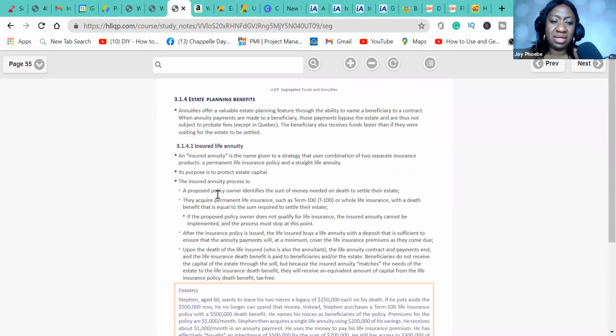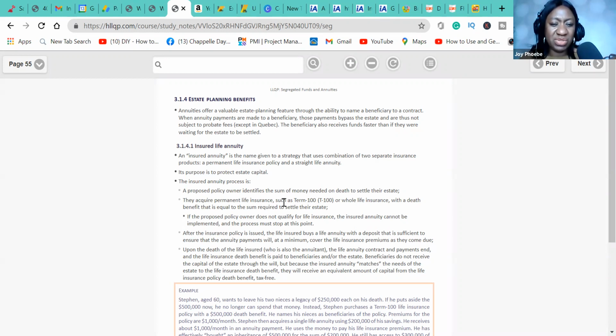Insured life annuity. An insured annuity is the name given to a strategy that uses a combination of two separate insurance products, a permanent life insurance policy and a straight life annuity. Its purpose is to protect estate capital.